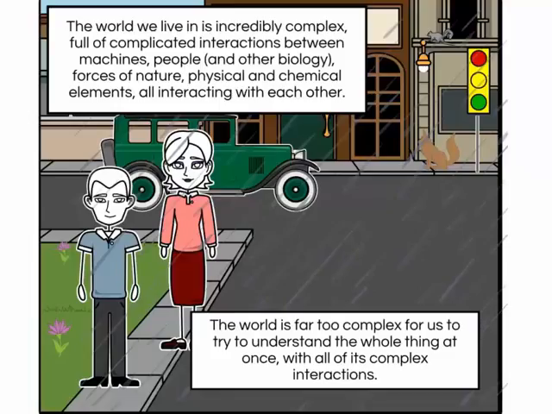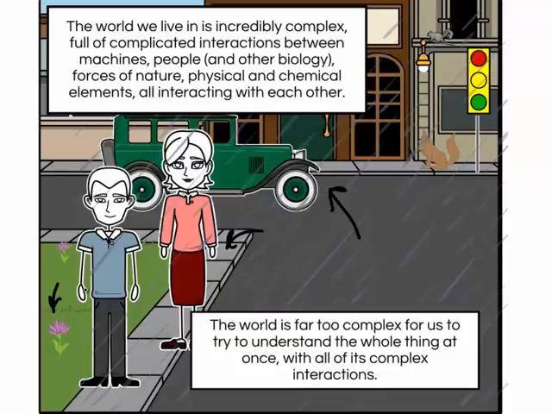The world that we live in is incredibly complex, and it's full of all kinds of complicated interactions between machines, people, and other kinds of biology, forces of nature, physical and chemical elements, all interacting with each other.